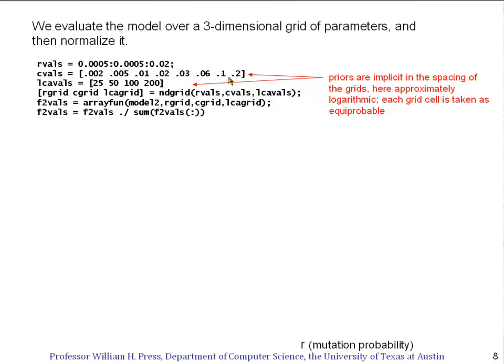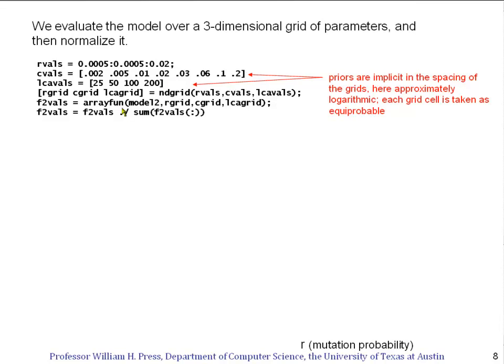That is to say, the priors on these variables each separately are approximately uniform in a logarithmic range here or a linear range here around each central value. So the priors have kind of disappeared explicitly in the calculation, but are still there implicitly in how I do the gridding. Each cell has an equal prior.